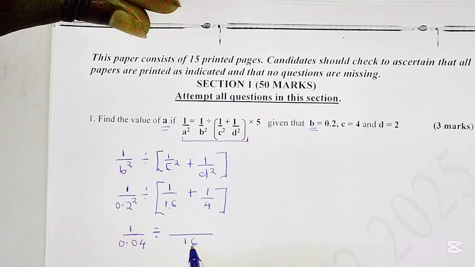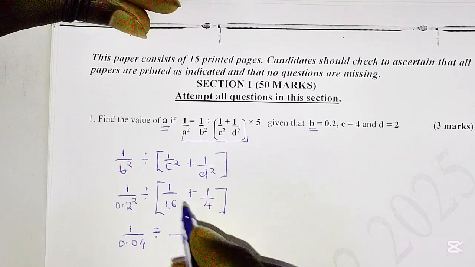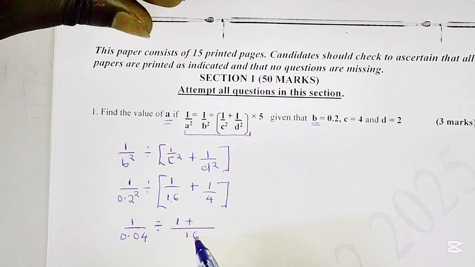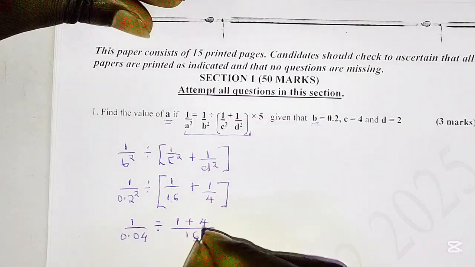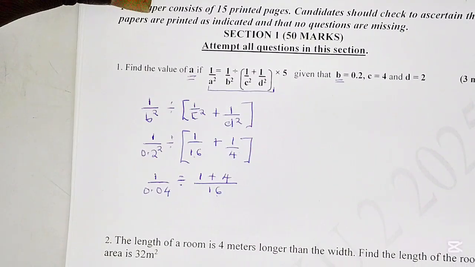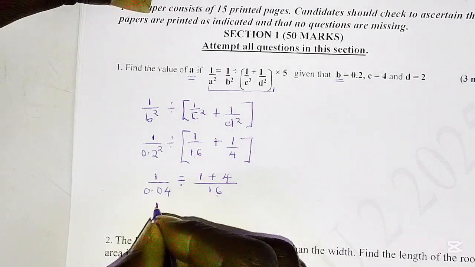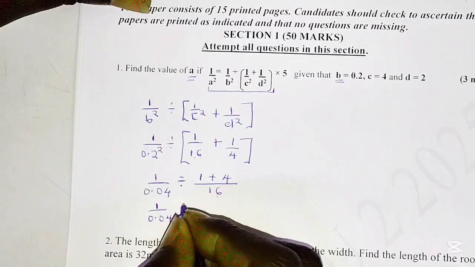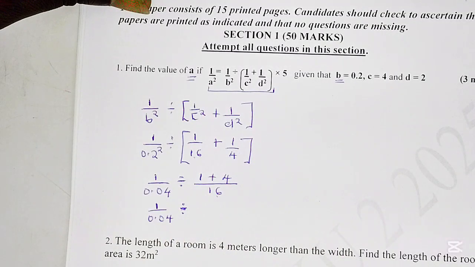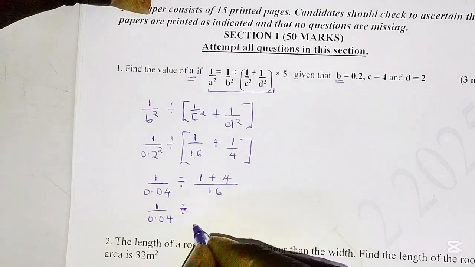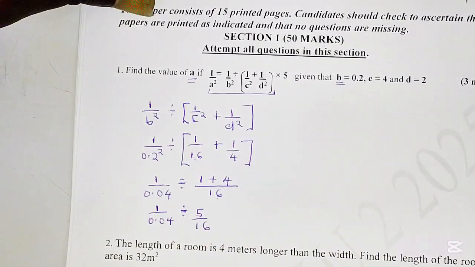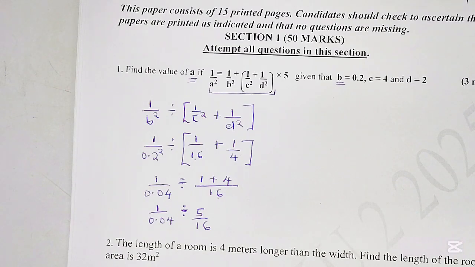So 16 goes here 1, then 1 times 1 gives us 1, then plus 4 goes here 4 times, then 4 times 1 gives us 4. If we move further, this is 1 over 0.04 divided by 5 over 16.